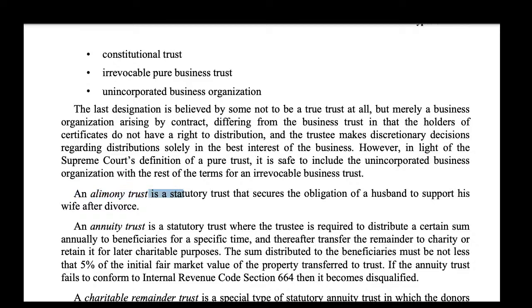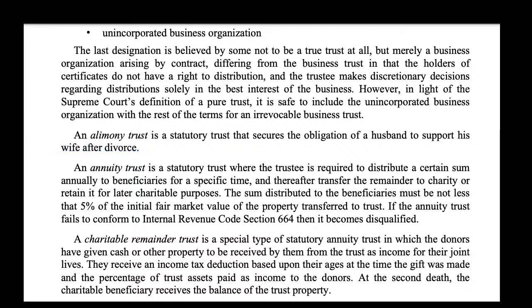An alimony trust is a statutory trust that secures the obligation of a husband to support his wife after divorce. An annuity trust is a statutory trust, where the trustee is required to distribute a certain sum annually to beneficiaries for a specific time, and thereafter transfer the remainder to charity or retain it for later charitable purposes.